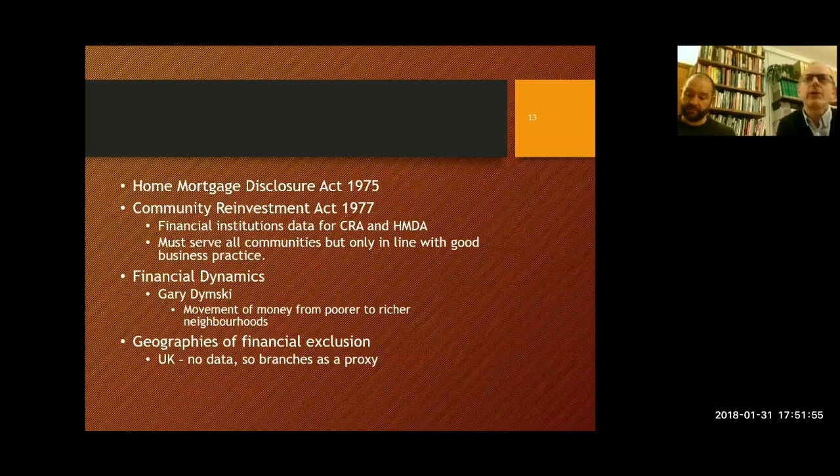But in the UK, we couldn't do that because we don't have that data. So we were thinking, well, what can we do to look at these spatial processes of financial exclusion? So we used bank branches as a proxy. And my colleague Nigel Thrift and I got an ESRC grant, which is the Economic and Social Research Council grant, in the mid-1990s.